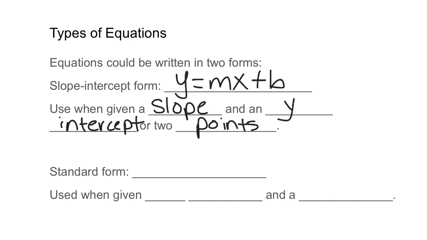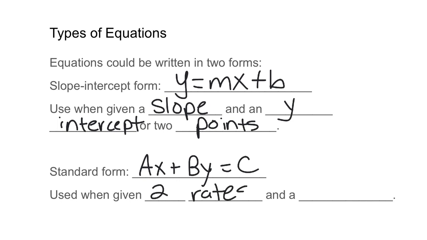So this is typically a situation where you are not given a total. You're usually trying to find a total for this. And then standard form is ax plus by equals c. That's when you're given two rates, or two slopes, and a total.